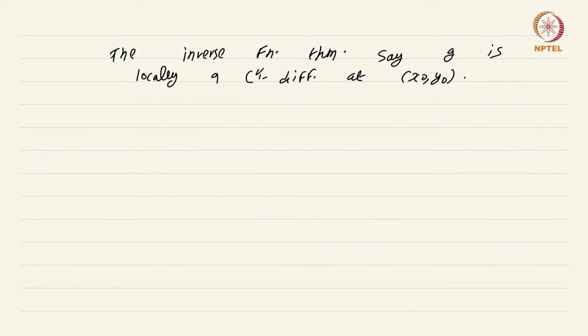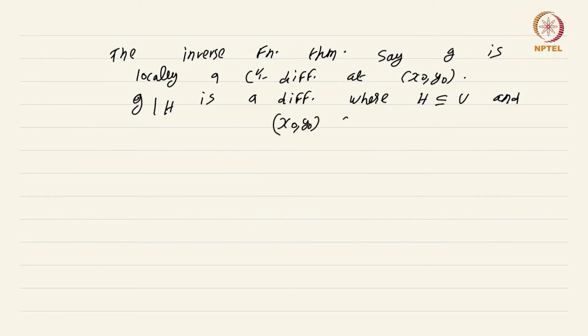Let's say G restricted to H is a diffeomorphism, where H is a subset of U and x0, y0 is contained in H. So we are just choosing an open set in which G is going to be a CK smooth diffeomorphism.